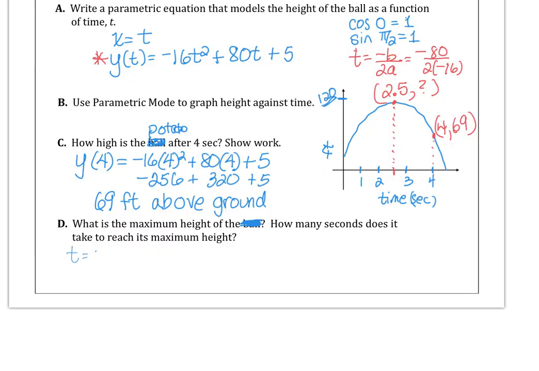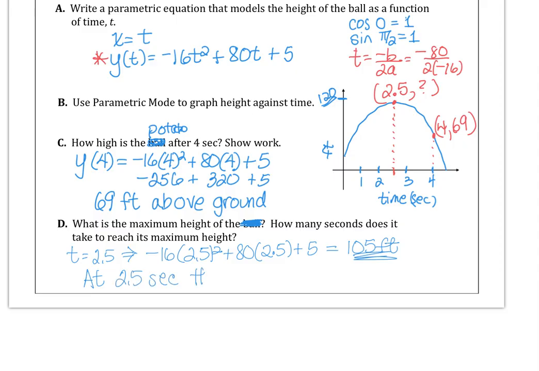So when t is 2.5, we can have negative 16 times 2.5 squared plus 80 times 2.5 plus 5. So negative 100 plus 200 plus 5. We have a maximum height of that potato out of the potato cannon of 105 feet at 2.5 seconds. The potato reaches a maximum of 105 feet.